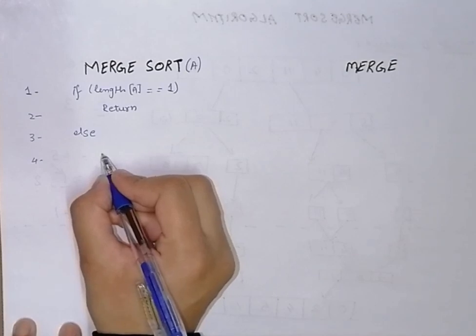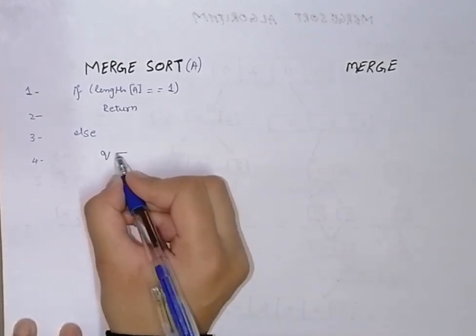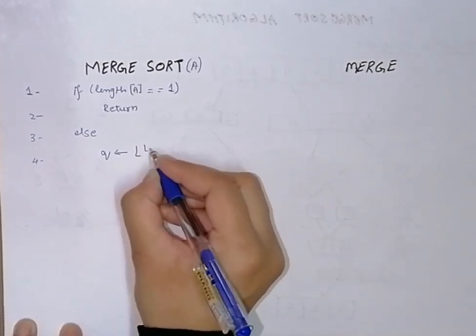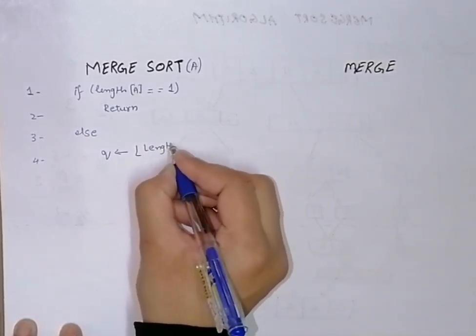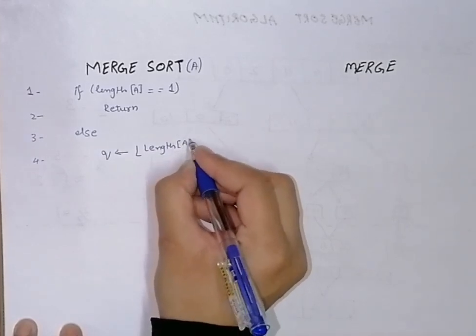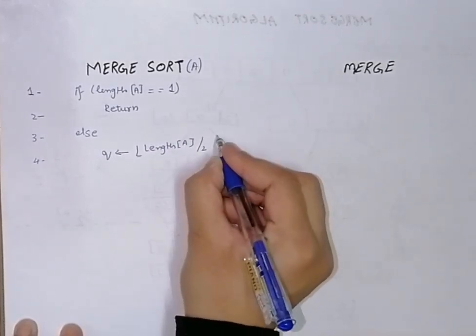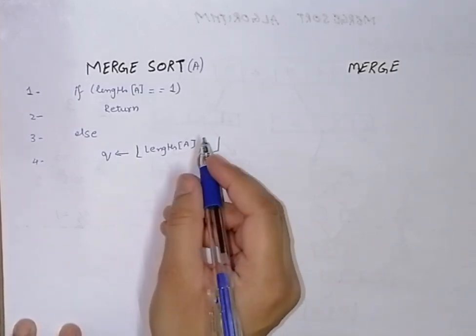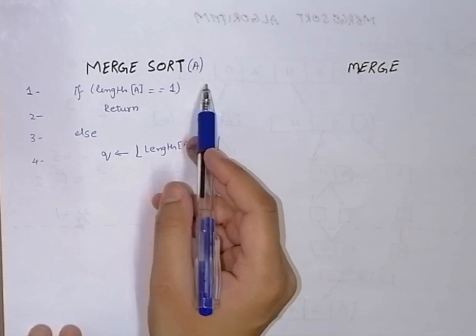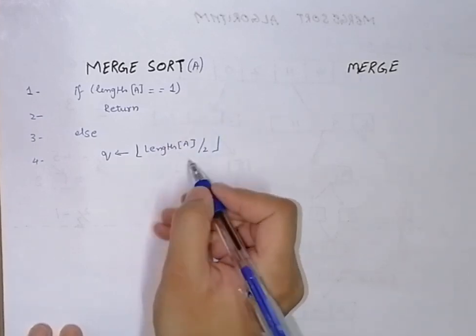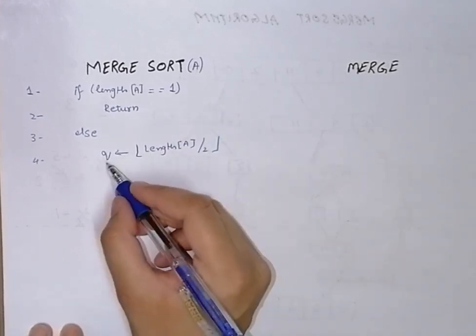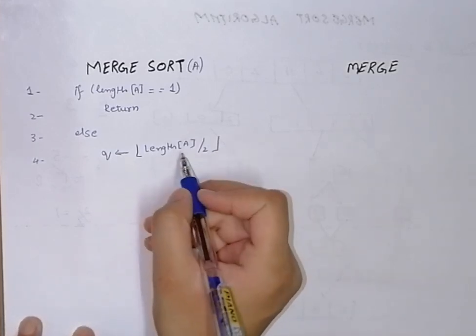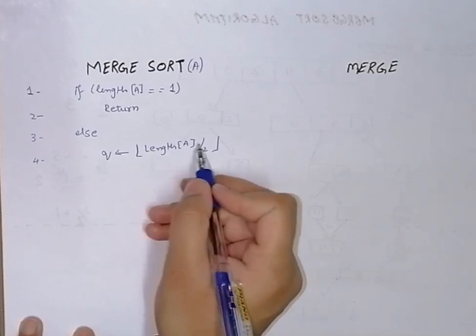Let's say I name the split point q, and I take the floor of the length of A divided by 2. I'm taking the floor function so that if I encounter an array of odd size, say 3, then 3 divided by 2 with the lower value becomes 1. So one array would be of size 1, and the other array would be of size 3 minus 1, which is 2.